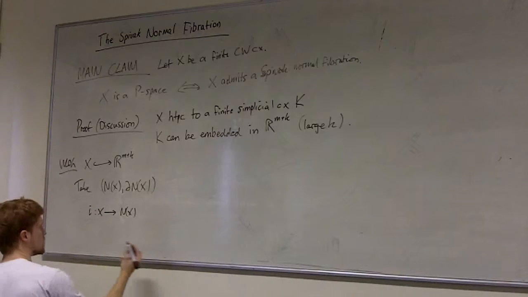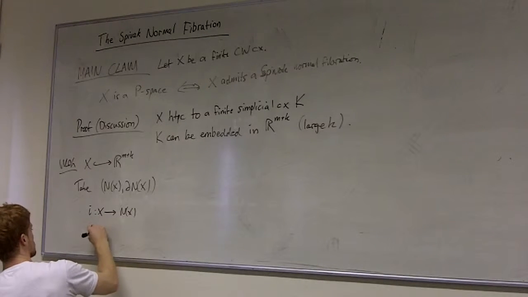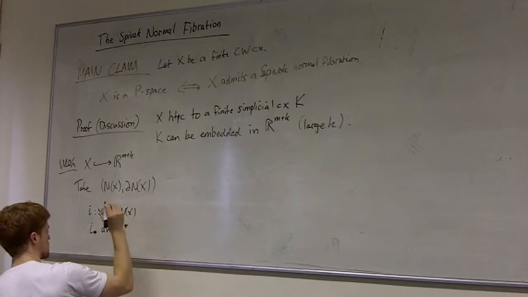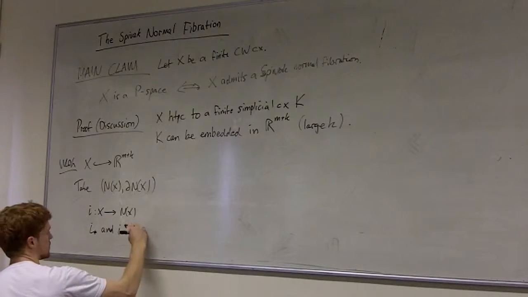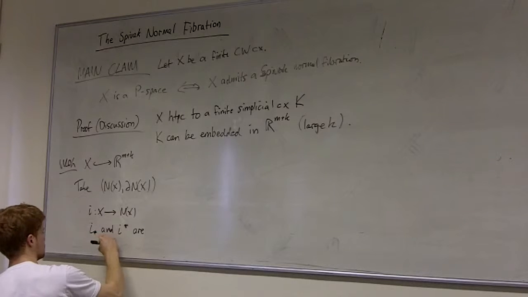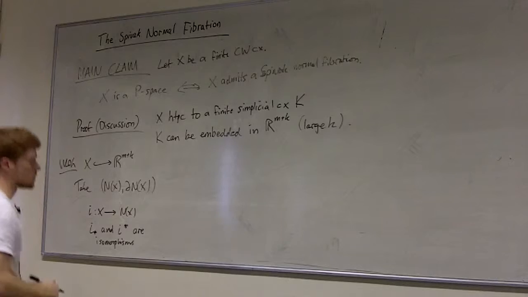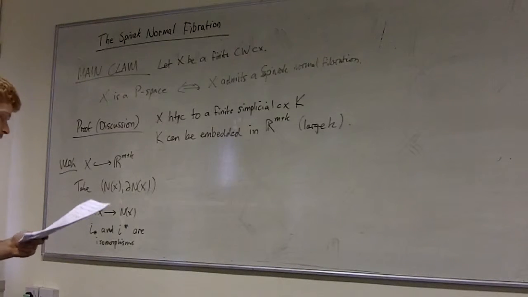And I'm going to note this induces isomorphisms, so i star and i upper star are isomorphisms, because X is a strong deformation retract of the neighborhood.